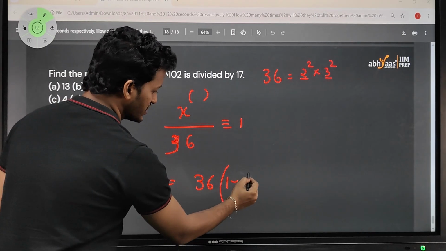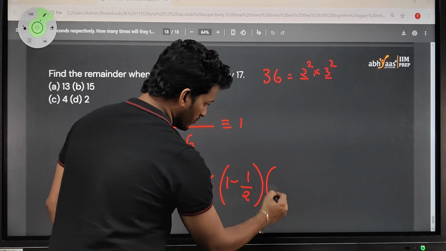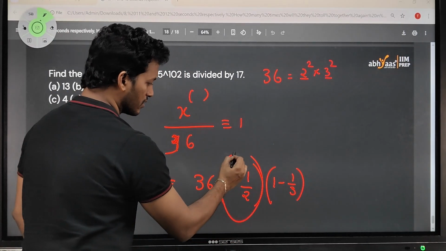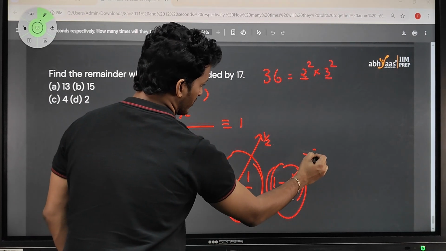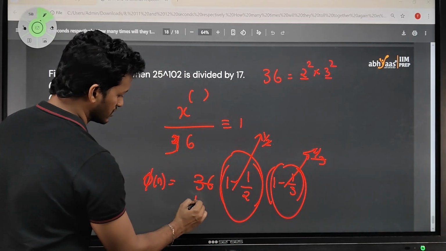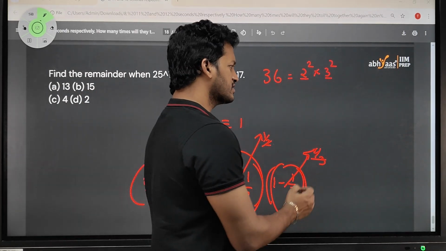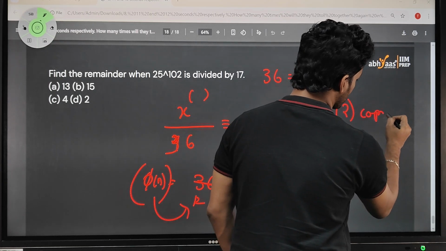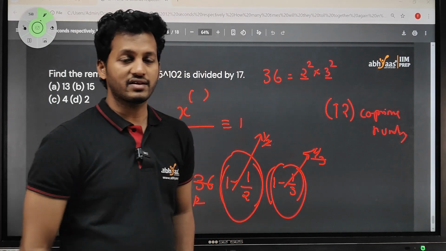Now 36 into 1 minus 1 by 2, the first prime factor, into 1 minus 1 by 3. This is 1 by 2 and this is 2 by 3. If I cancel these, 3 12s, this phi of n is 12. That means there are 12 co-prime numbers less than 36.